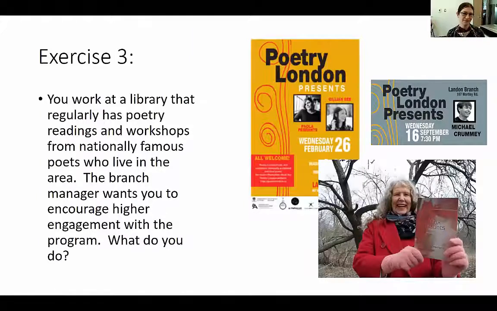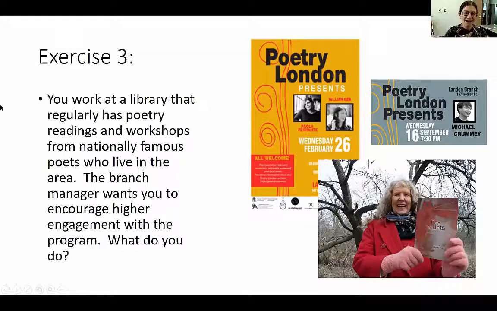You work at a library that regularly has poetry readings and workshops from famous poets who live in the area. The branch manager wants you to encourage higher engagement with the program. What do you do? Well, you could create beautiful flyers like the ones shown in this image or reach out to the authors.